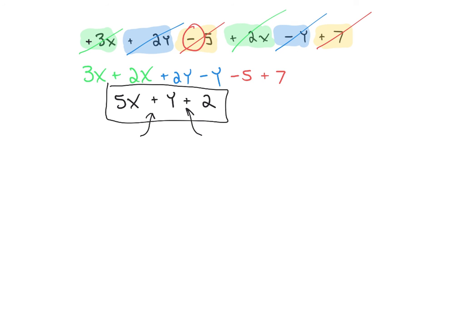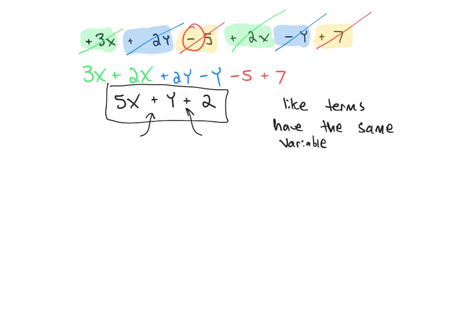So let's remember that like terms have the same variable, or no variable. So like a constant is also a like term. Okay?